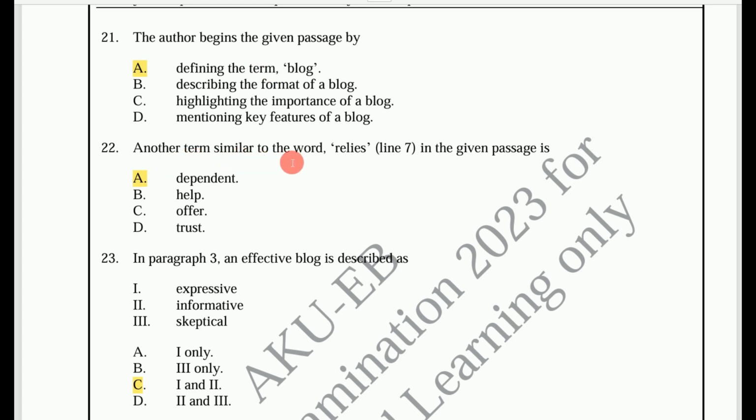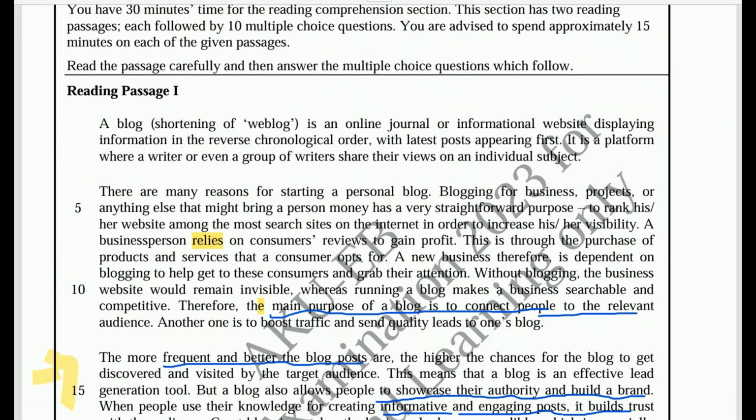Another term similar to the word relies in line number 7. Keep in mind that based on your previous knowledge, if you know the meaning of this word rely or relies, it can mean dependent or it can mean trust as well. But here in line 7 we'll see in which context it is used. Line number 7, this is line number 5, this is 6, and this is 7.